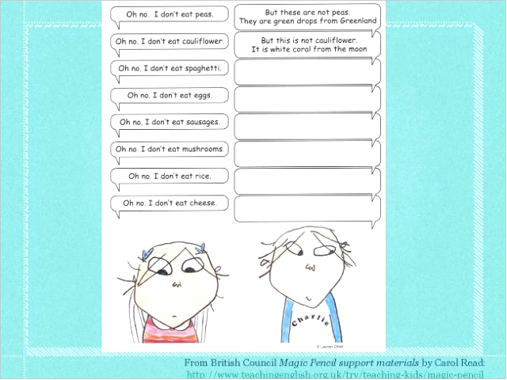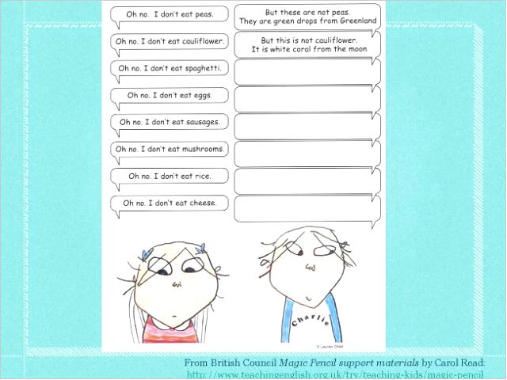And this pattern of Lola saying what she doesn't eat and Charlie inventing and pretending that food is something else is a wonderful springboard into a role play, okay, where what you have on the screen in front of you is a kind of support for this role play, which can be set up in any way that you like.